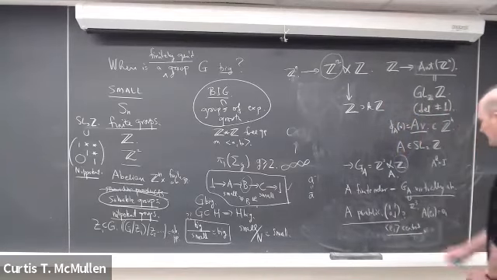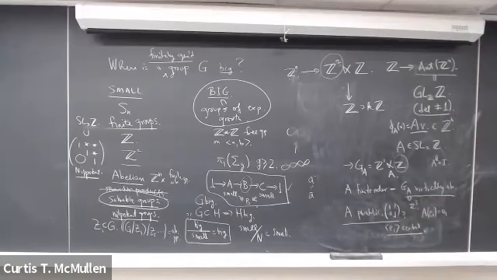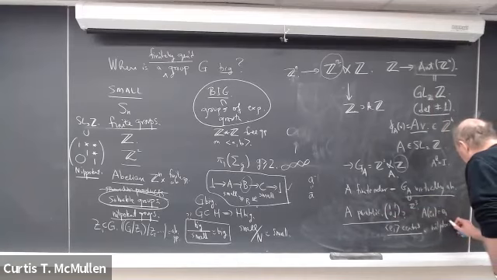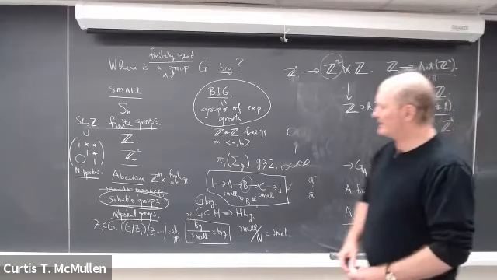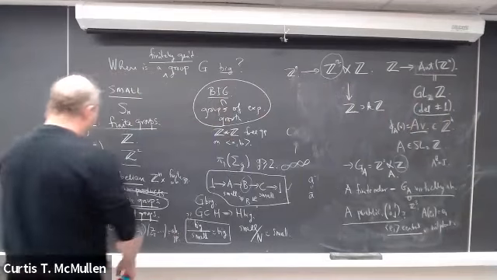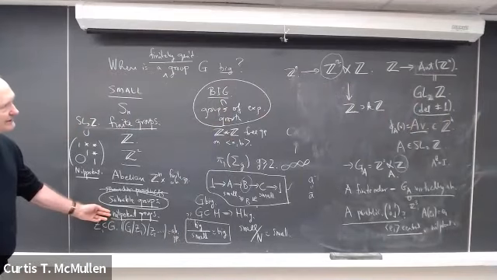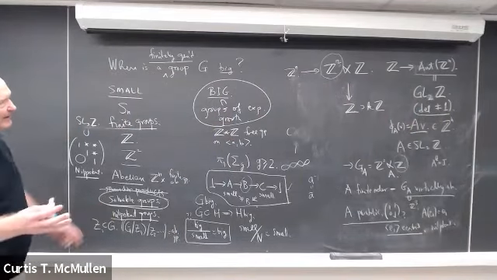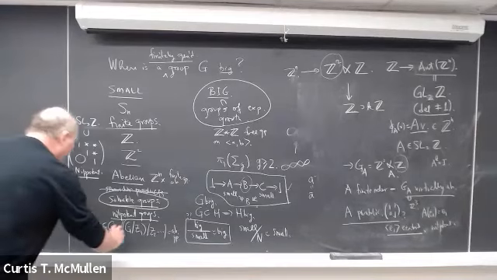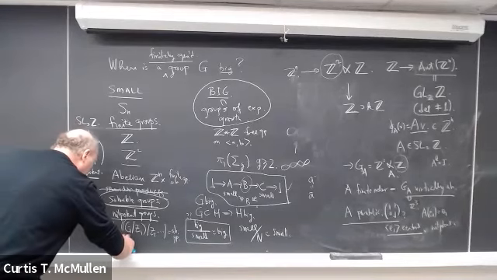And as a consequence, this group is nilpotent. And I should say, by the way, it's a nice exercise to show that nilpotent groups share with abelian groups the property that they have polynomial growth.